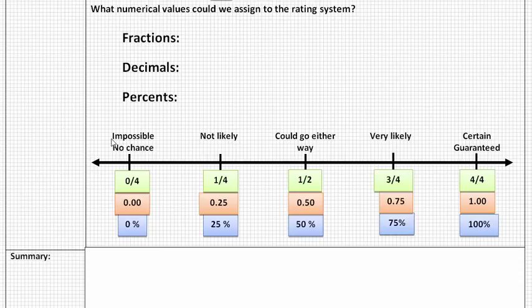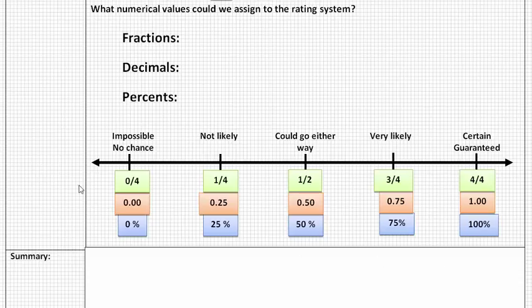So we could describe likelihood in words, like we started out with impossible or no chance, not likely, could go either way, very likely, certain, or guaranteed. And in mathematics, we oftentimes then add numerical values to put a quantity to that. And these will be the quantities in fractions, decimals, and percents that we will use.